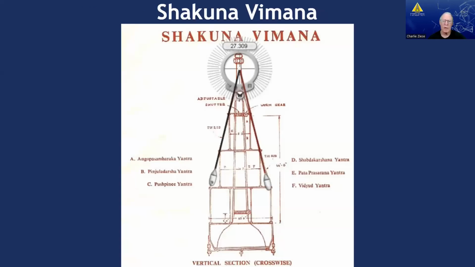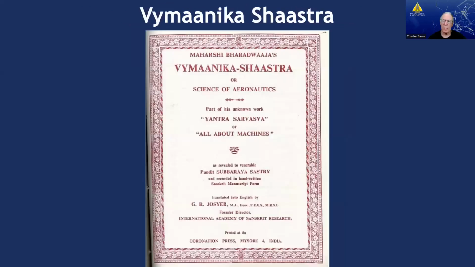And again, it doesn't seem like it could be a mere coincidence that all of these objects have this same geometric angle. More details about these ancient Vimanas can be found in this book, the Vimanika Shastra, which translated means the science of aeronautics.